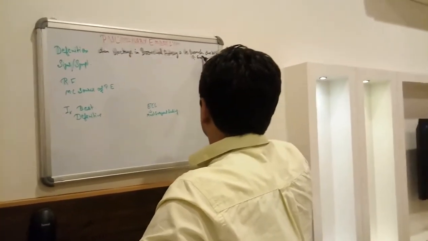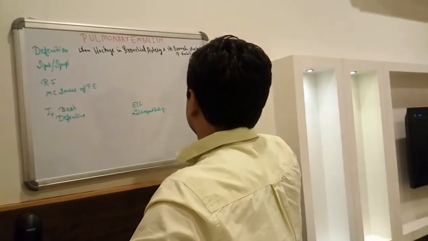P represents pulmonary, E represents embolism, my dear friends.